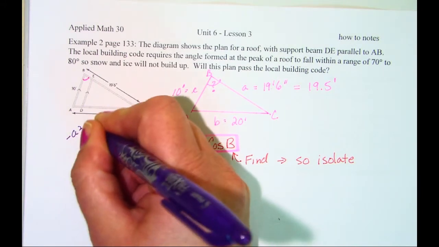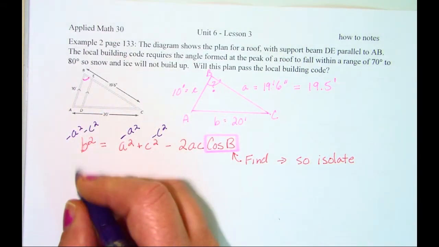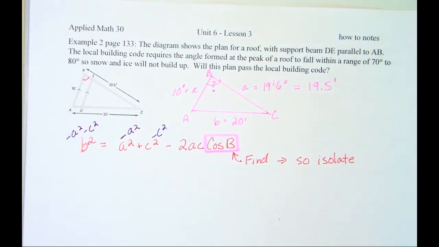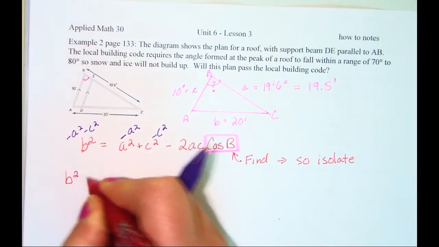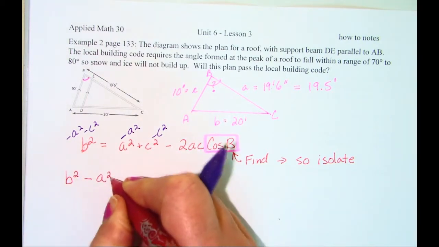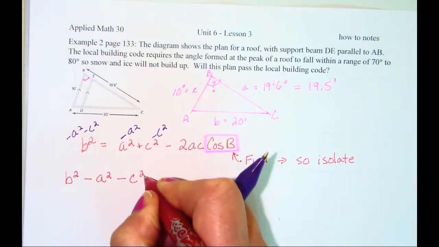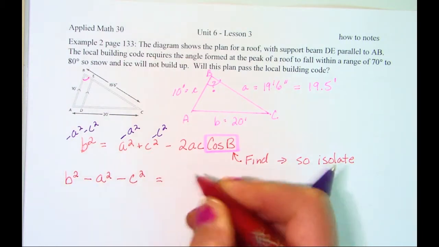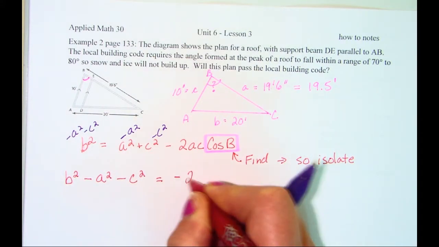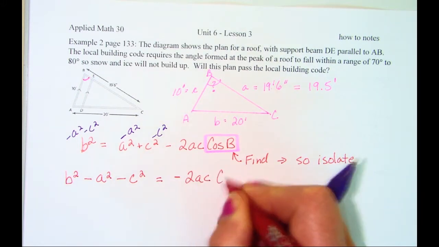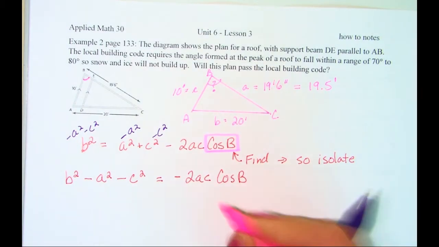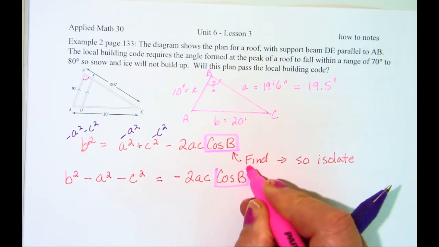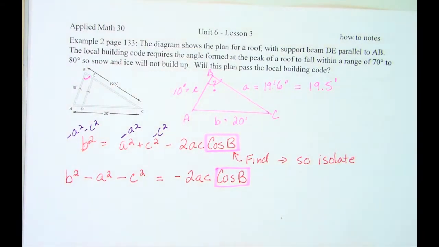Let's rewrite it: b squared minus a squared minus c squared equals negative 2ac cos b. This is still what I want to isolate, so I'm going to put a box around that. Think of it as an x and this as a number, basically.